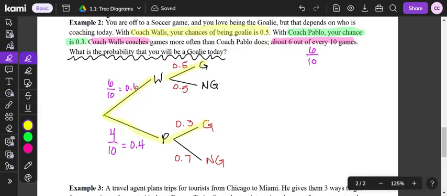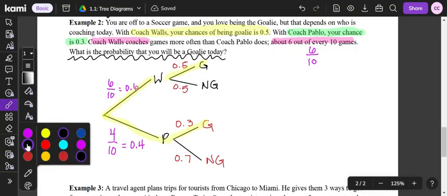Okay, now this is a really interesting problem because there's actually two different chances that I might end up goalie. And so what I'm probably thinking I should do is figure out the probability of this chance, the probability of this chance, and then I should add them together. Okay, simple enough.